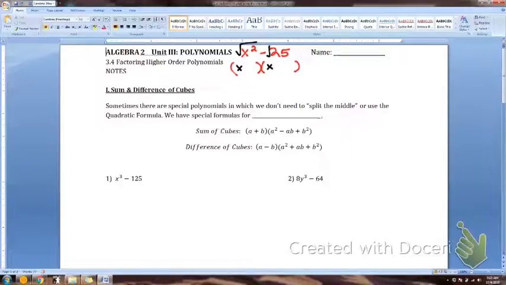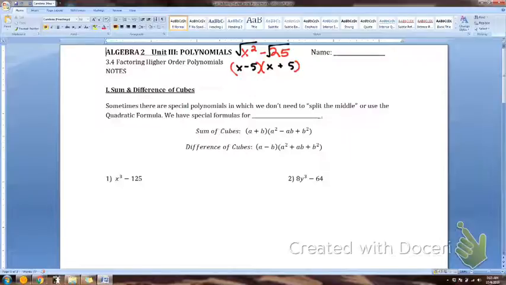The square root of 25 is 5. Remember, one is plus, one is minus. We're going to think about that today as we move into perfect cubes.